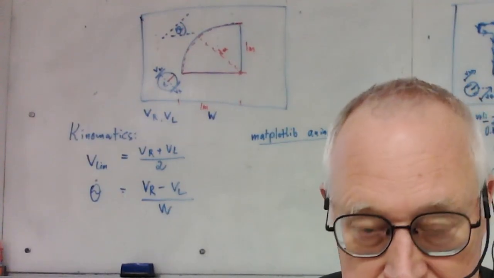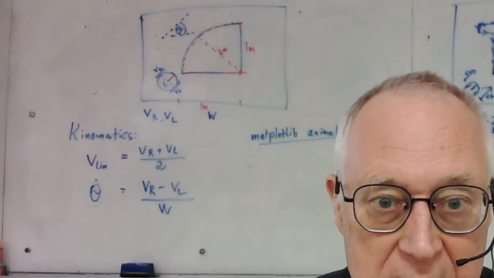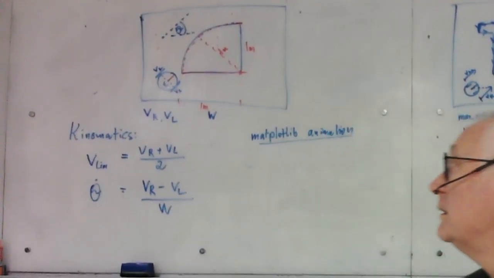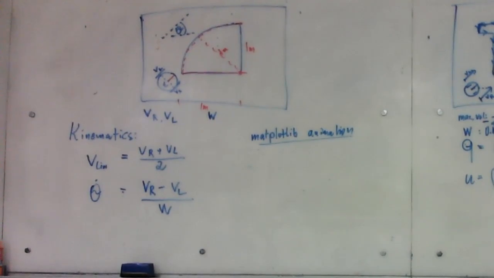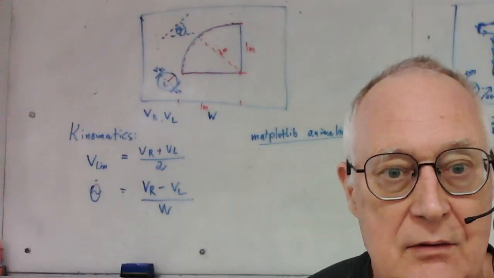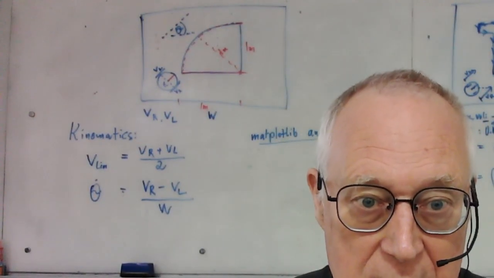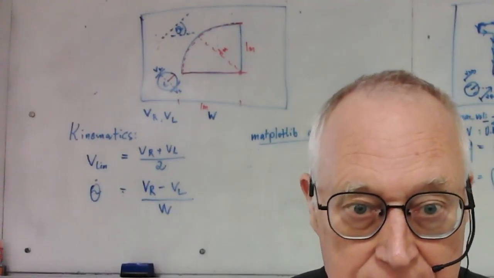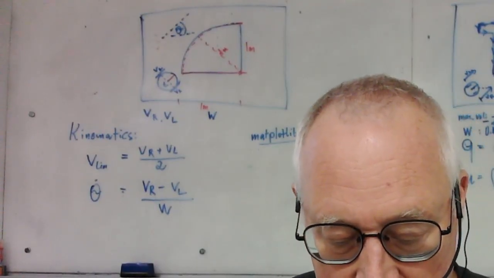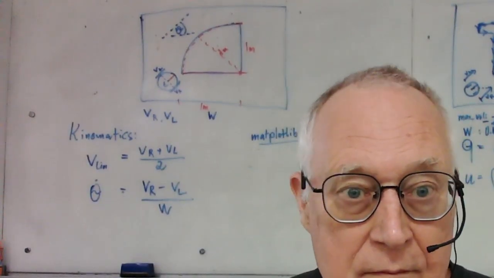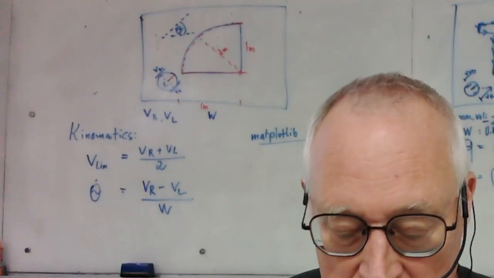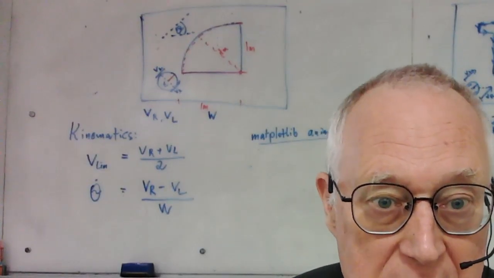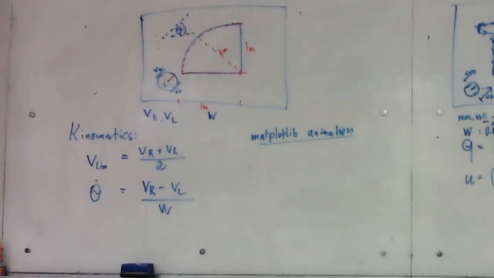minus LW. Negative LW. Then I go down to minus zero, B zero, negative.